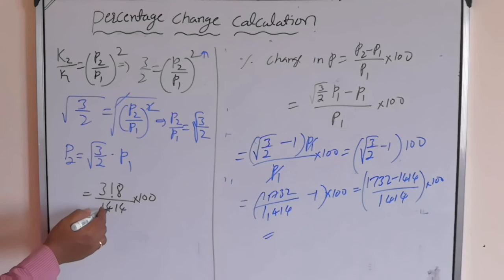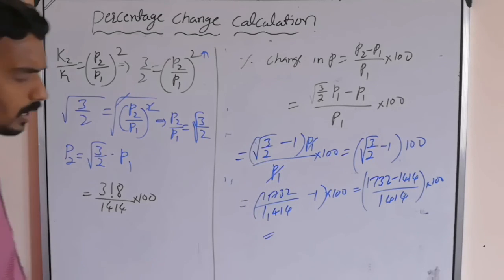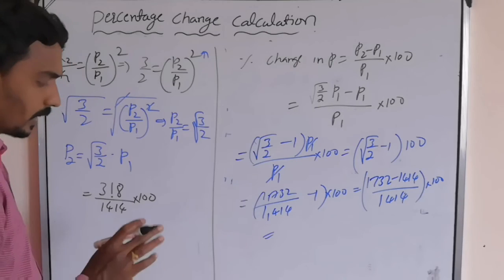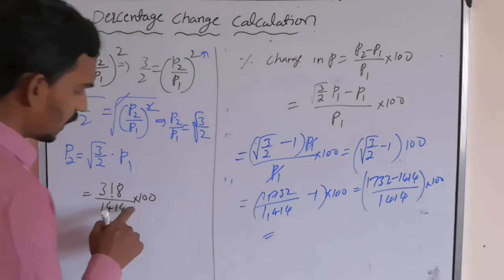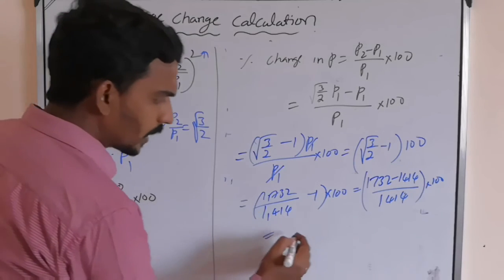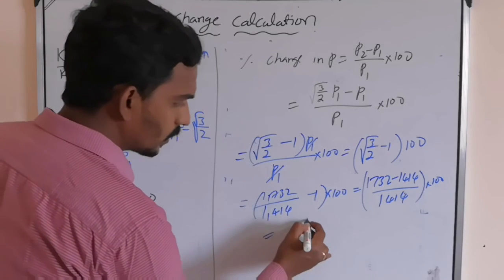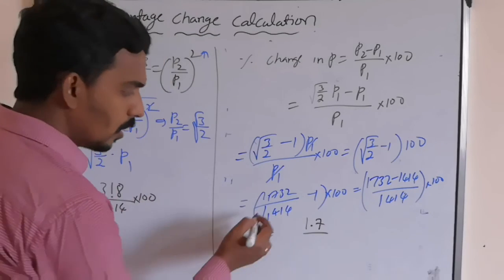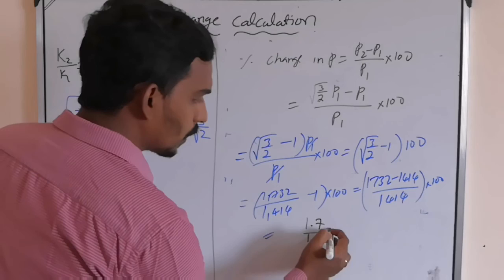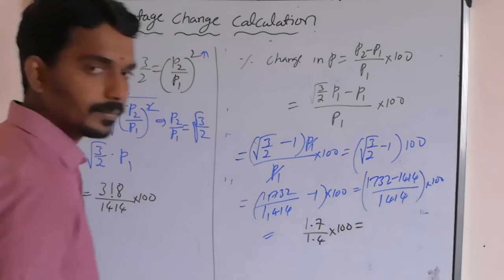Now just try to take approximation, for simple calculation. Here I am telling in detail, but if you take approximation, you can take 1.732 approximately as 1.7, and 1.414 as 1.4, into 100.